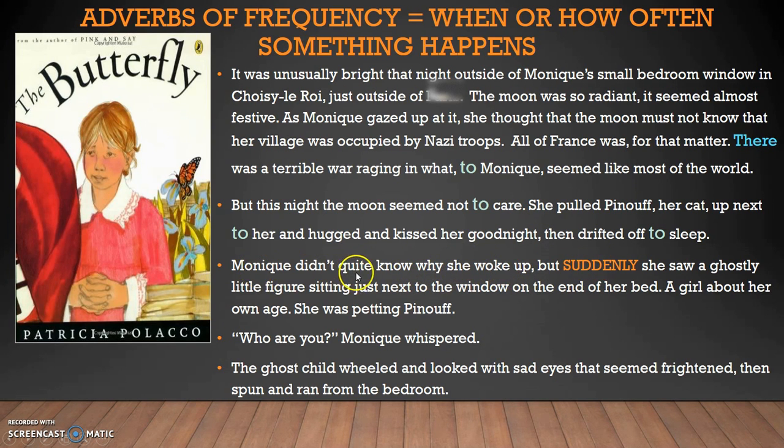It says Monique didn't quite know why she woke up, but suddenly she saw a ghostly little figure. When did she see it? Suddenly. And then also notice the words to and there. It wouldn't have made sense if T-O-O or T-W-O was there, because it would have changed the meaning. It would have been incorrect.